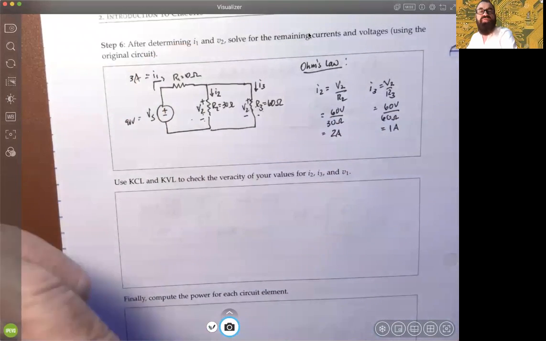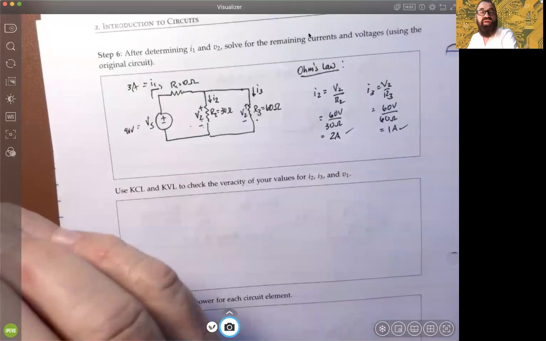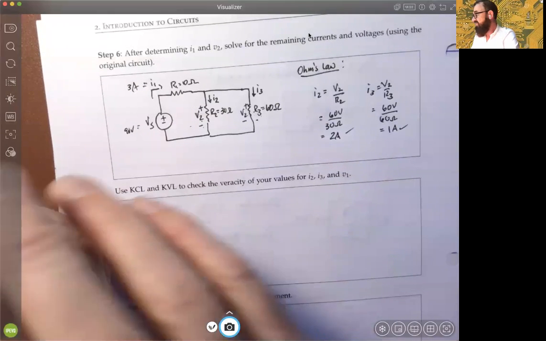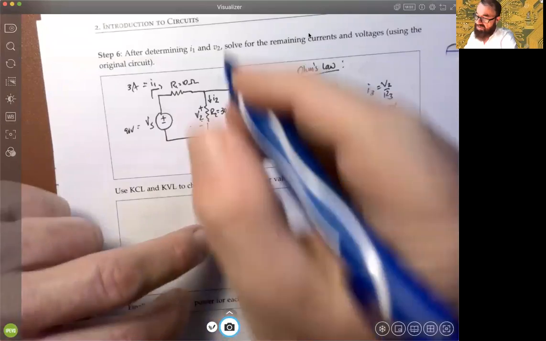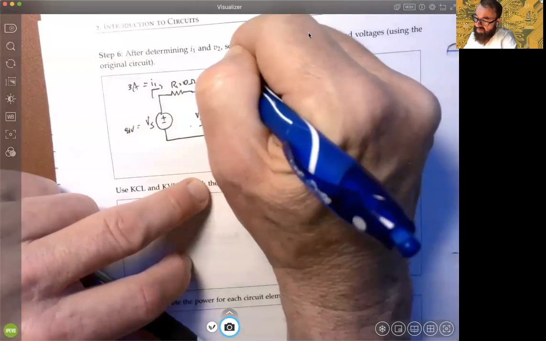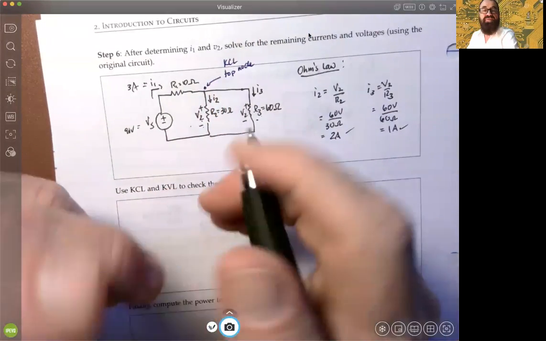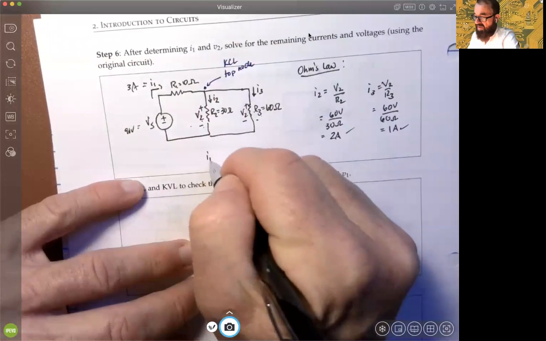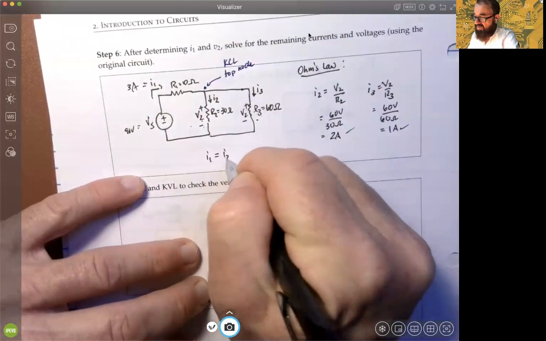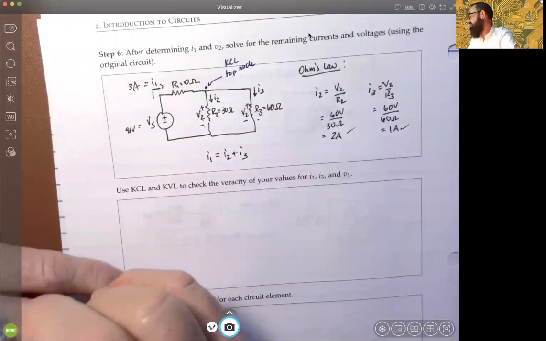How can we know that these values we've gotten for I2 and I3 are correct? KCL. Let's do a KCL check at the top node. For the top node, the incoming I1 must be equal to the outgoing I2 and I3, correct?